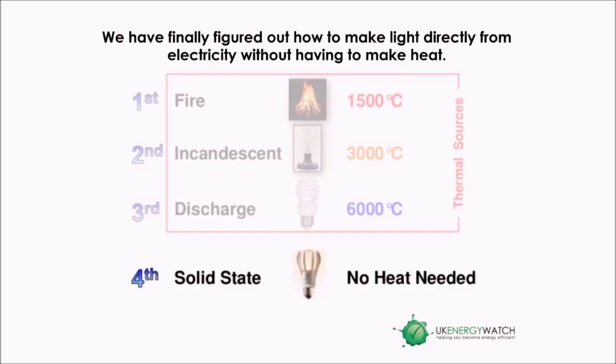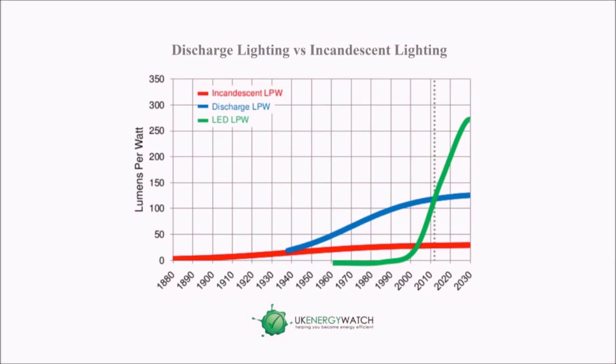And with solid state LED lighting, we are finally creating light directly from the source, which is why it's so exciting and why the efficiency is so much better now, and it's on the increase literally every day, every week, every month at the moment. But you can see from the graph here that it's such a much more efficient way of creating light.